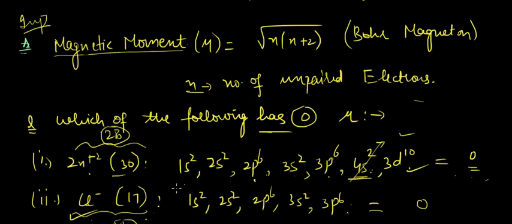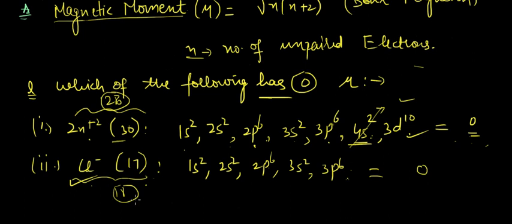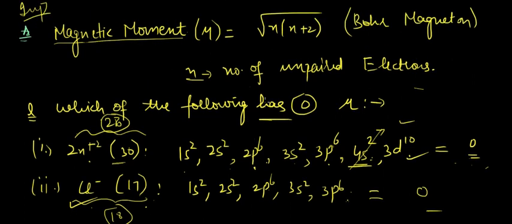Writing the electronic configuration based on 18 electrons: 1s2, 2s2, 2p6, 3s2 and 3p6. That is 10 electrons here and 8 here, total again 18. So the number of unpaired electrons here is 0, hence the magnetic moment would be 0, because magnetic moment is root of n multiplied by n plus 2. If n is 0, the whole magnetic moment would be 0.